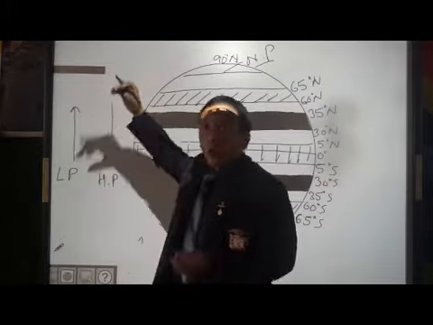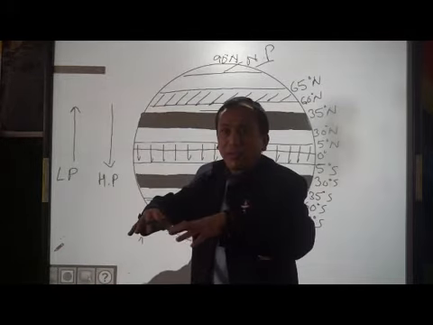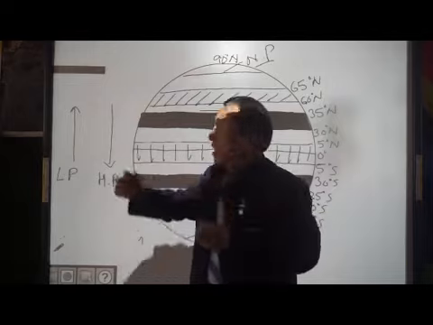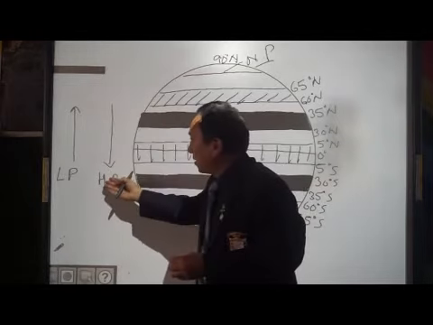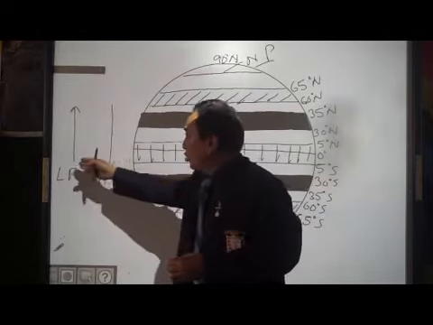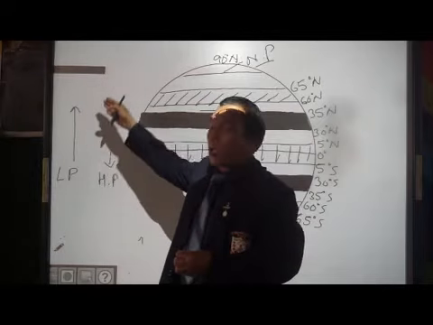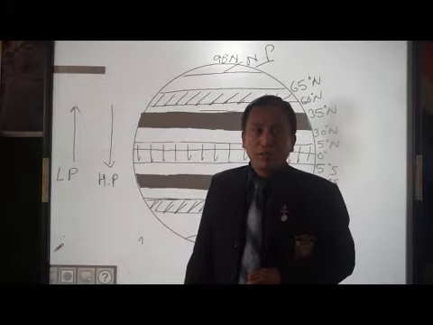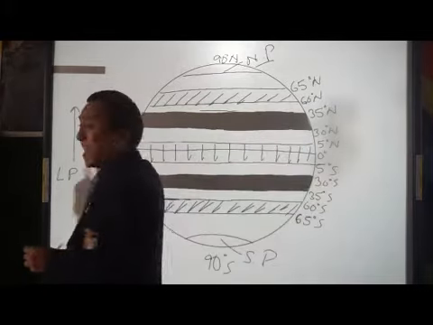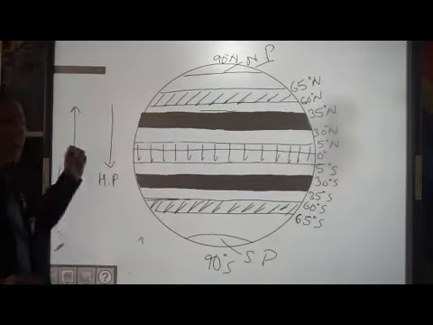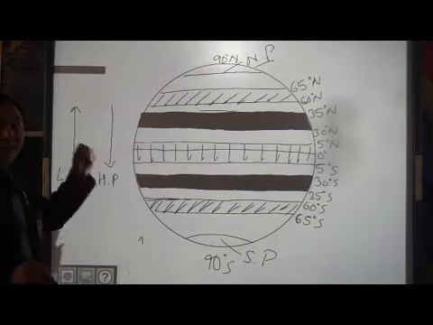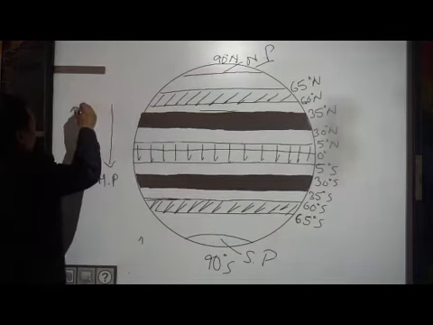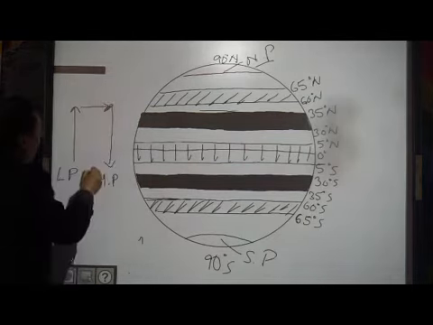And after the rain is all released from the air, it becomes cold and heavy, and then it starts to sink down, thereby creating a high pressure. So the vertical movement of the air upwards or downwards is called the air current. Now, when this air current takes place, what does it create? It creates wind.